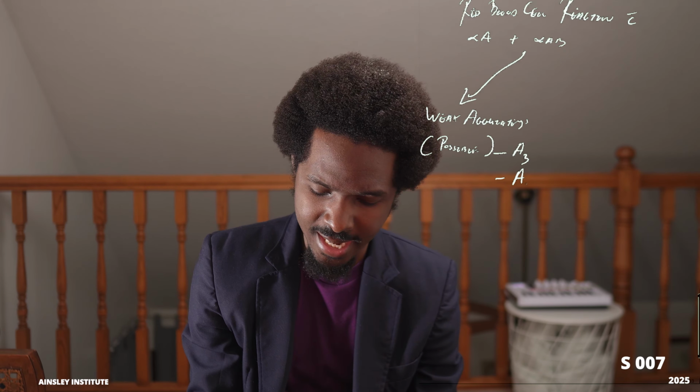So if we have a weak agglutination, we are thinking about possibly A3, we're thinking about AX, and we're thinking about AN.